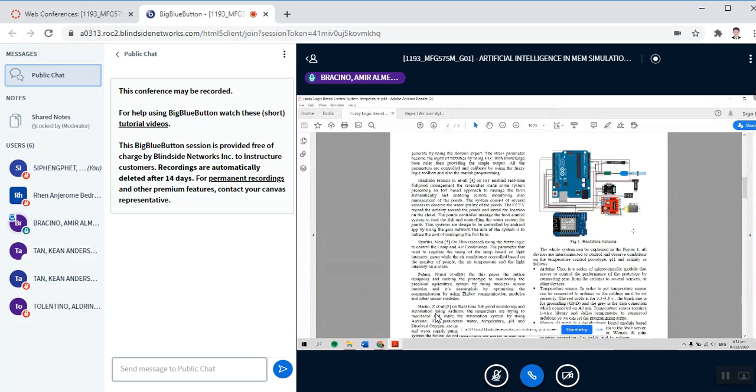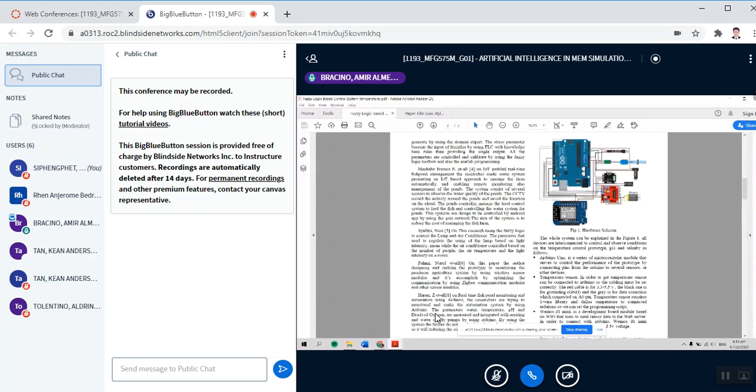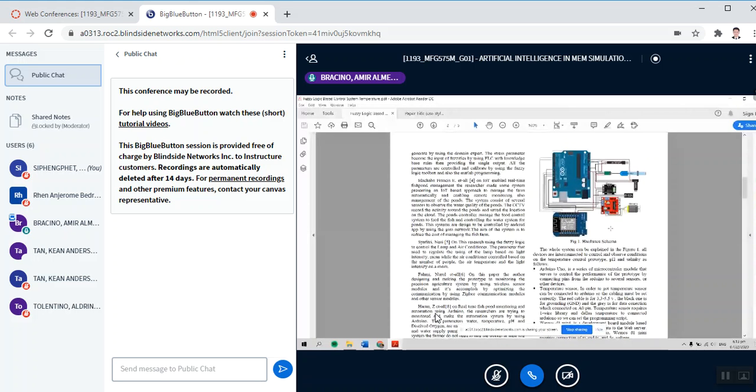For their hardware schema, the temperature, pH, and salinity sensors are connected to the Arduino Uno, with an additional Wemos D1 Mini for the web connectivity, and then the motors as well.